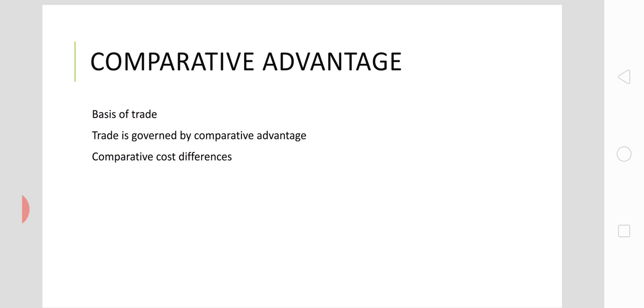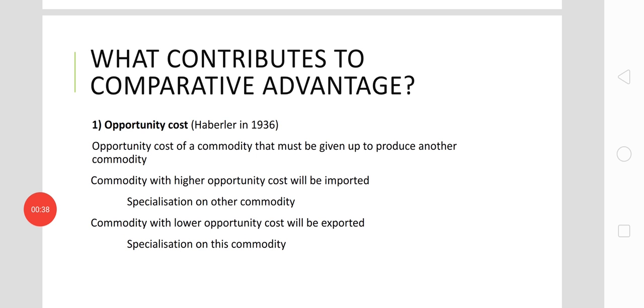That means a nation will export the commodity on which it has comparative advantage, and the same nation will import the commodity on which the nation doesn't have any comparative advantage. So to speak, comparative advantage will be measured by comparative differences in cost. What contributes to comparative advantage, or what contributes to comparative differences in cost?